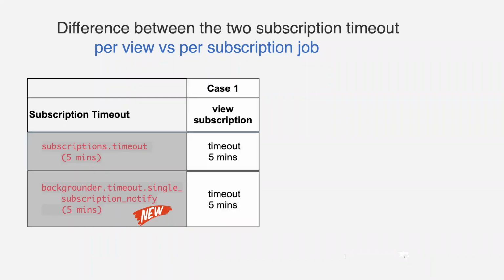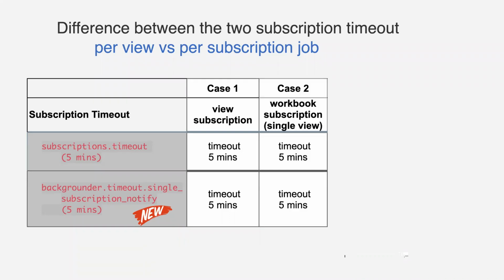Use case 1, where it is a view subscription: you end up with no difference. Each is 5 minutes, because no matter per view or per subscription job, it's the same thing. Use case number 2, a workbook subscription, but this workbook has only a single view. It's the same thing, no difference.